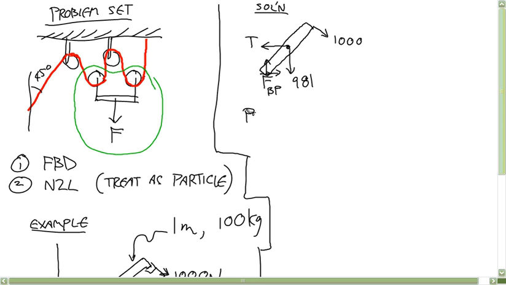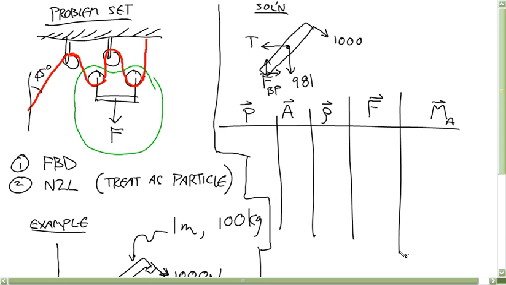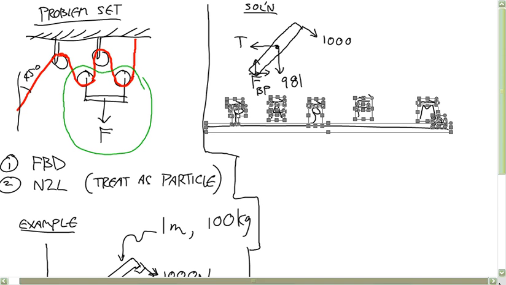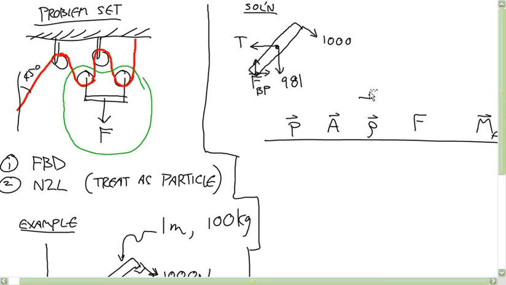Okay, so let's fill out that table. There's where the force is applied, the about point, the rho vector, the force vector, and the moment about A. I didn't think ahead where I drew this, but don't worry.